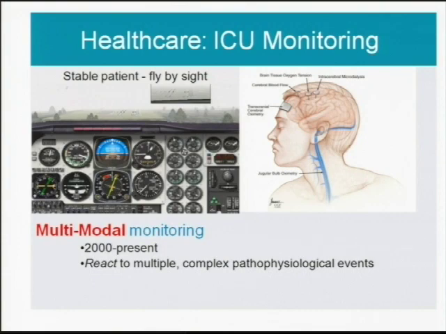The problem is that most intensivists right now operate exactly on fly-by-sight. That is that all of this information that sits in the ICU appears on monitors that are scattered all around the ICU. There's no integrated or consistent way of interpreting or viewing this data.